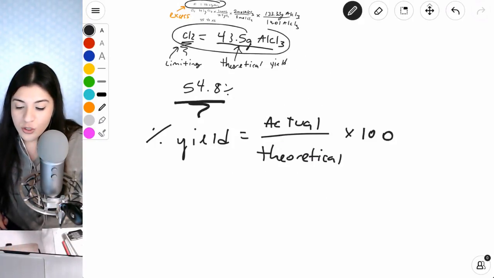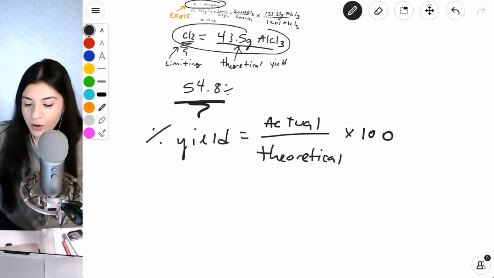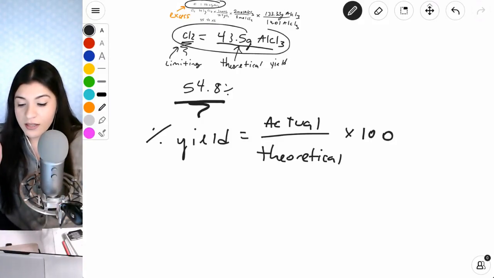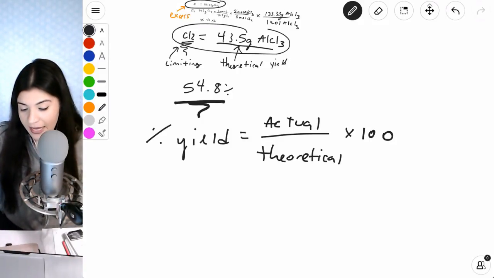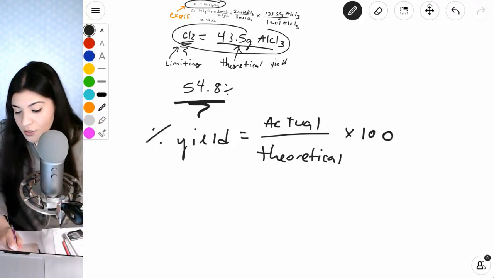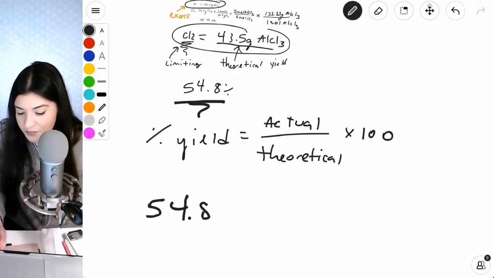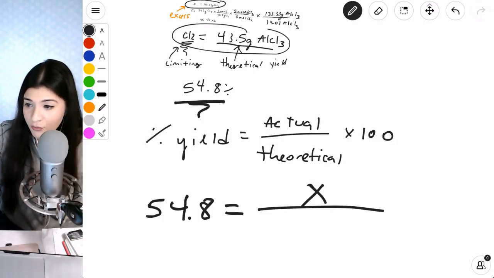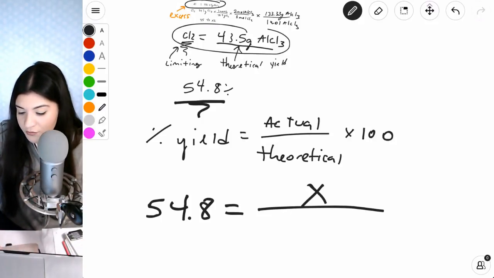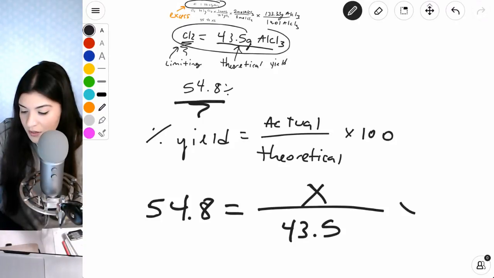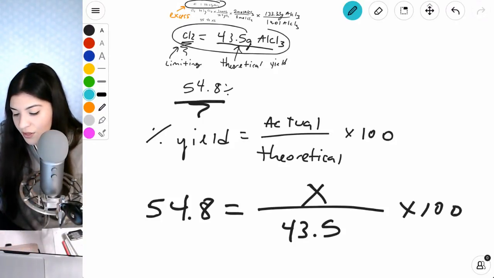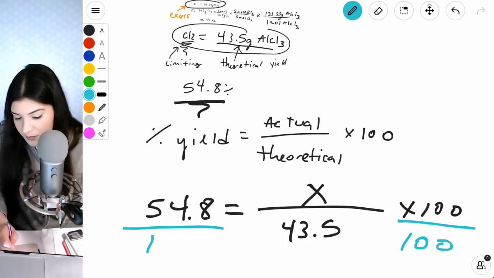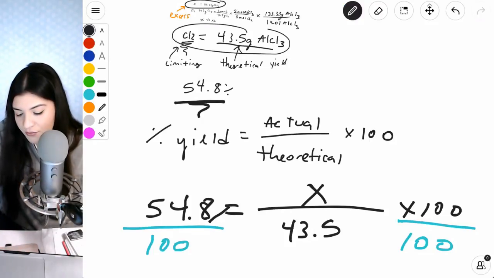What I'm going to do now is we don't know what the actual yield is. That's what we're solving for. We do, however, have the theoretical yield that we just solved for, and we were given the percent yield. So I'm just going to plug in all the values that we know. So we know this is 54.8. And then I don't know what the actual yield is. I'm going to state that's just X since that's what we're solving for. And then theoretical is 43.5 times 100. First things first, let's divide over that 100 because this is actually still in its percent form and we don't want that. Okay.